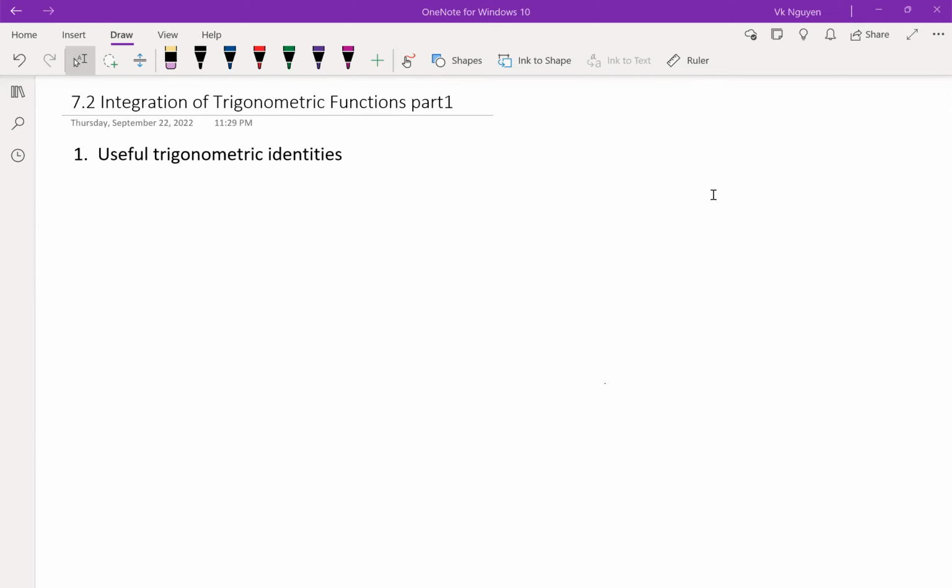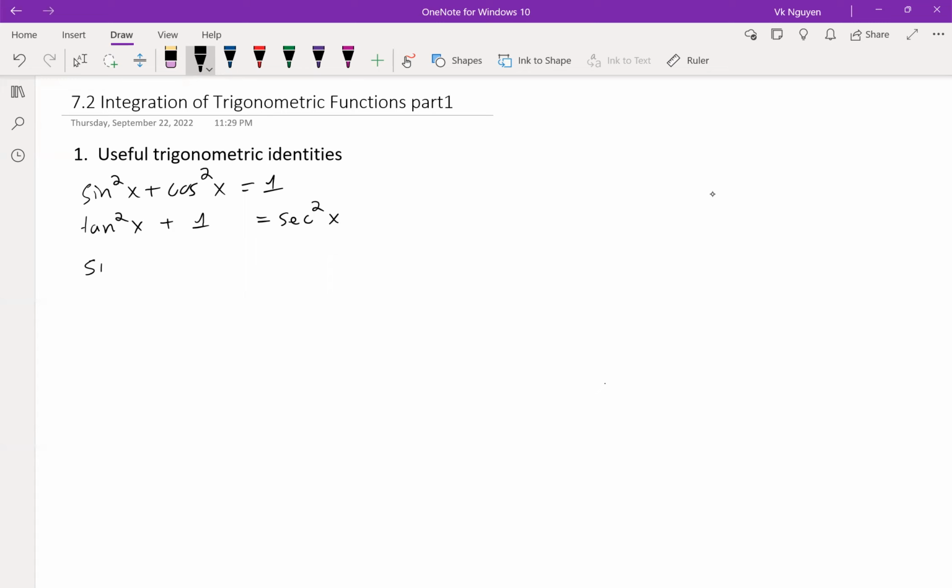Let's begin with useful trigonometric identities. First identity is sine square x plus cosine square x equals 1. Divide both sides by cosine square and we have tangent square x plus 1 equals secant square x.